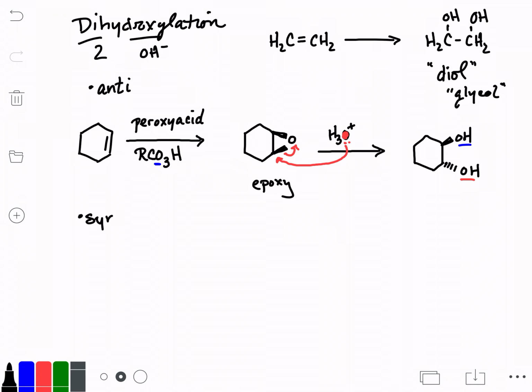The other mechanism, the syn version, syn-dihydroxylation, is a one-step, and the details on this reaction are a little bit messy to look at, but what it amounts to is that we end up treating our molecule with osmium tetroxide, OsO4. Osmium tetroxide is a really cool looking compound that has osmium as a really big center connected to 4 oxygens by double bonds.